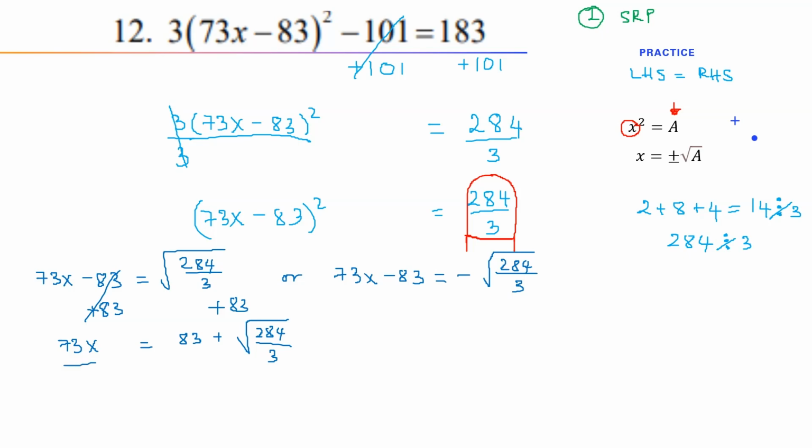Now divide both sides by 73. That leaves x equals that.